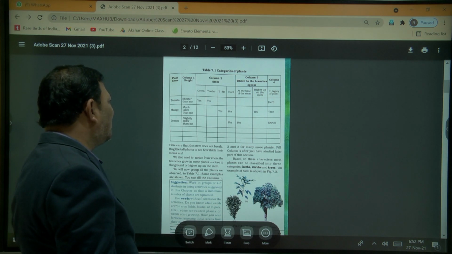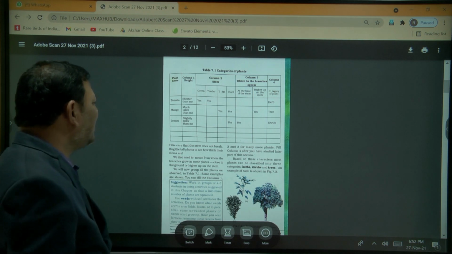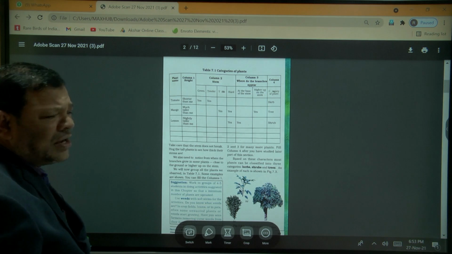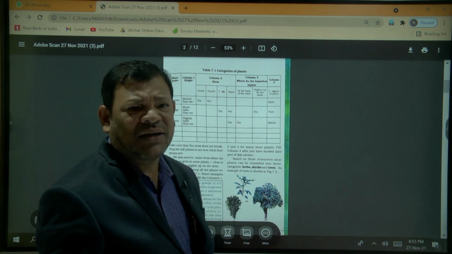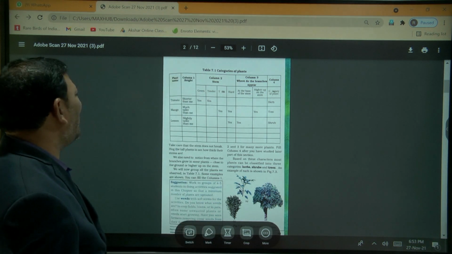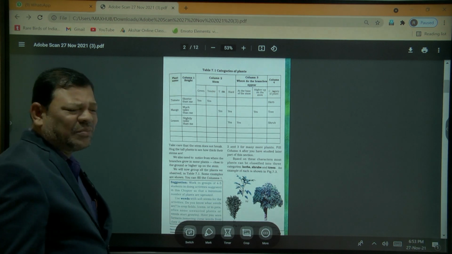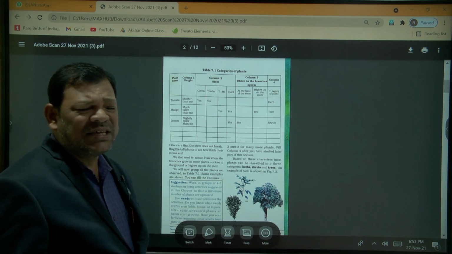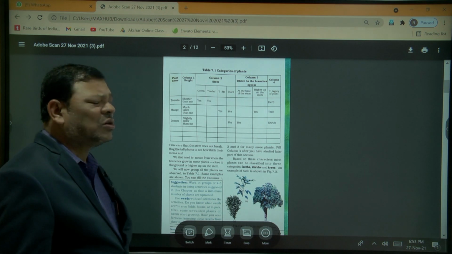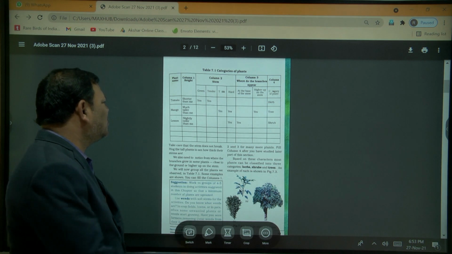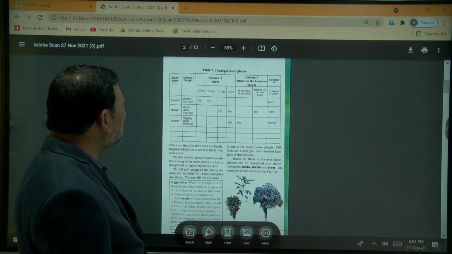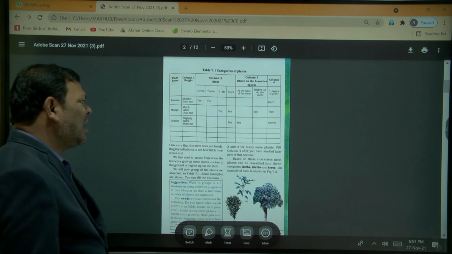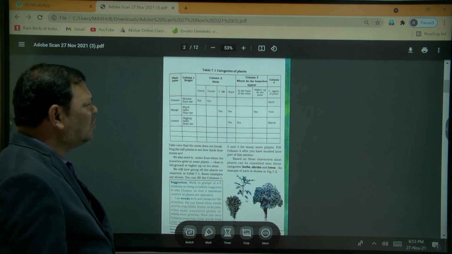Here the first one is the tomato plant. When you observe the tomato plant, it is shorter than me. When compared to your height, tomato plants are very short, so we write short. The tomato plant stem is green in color, tender and very smooth.